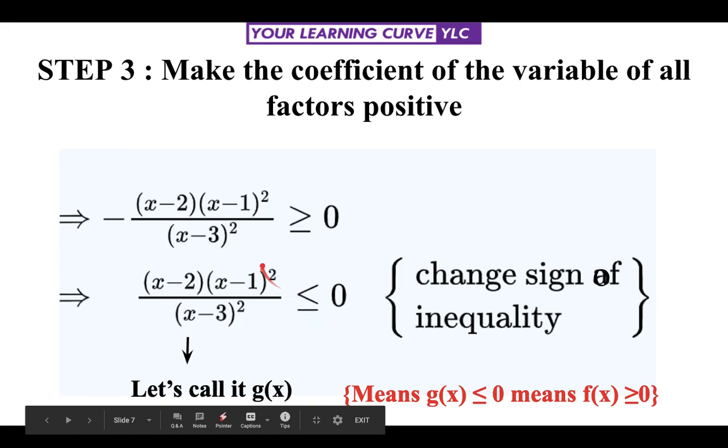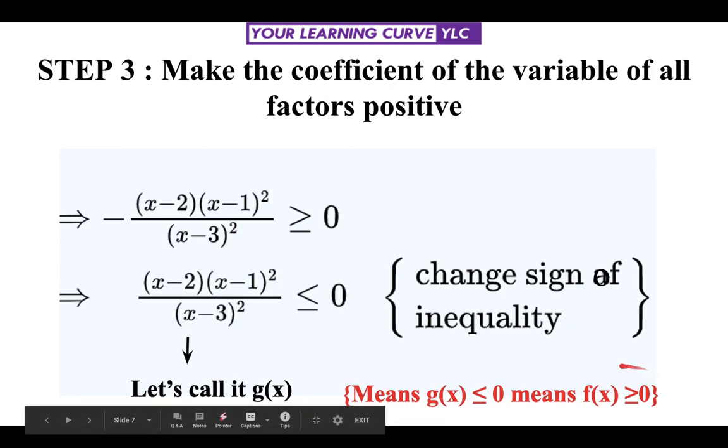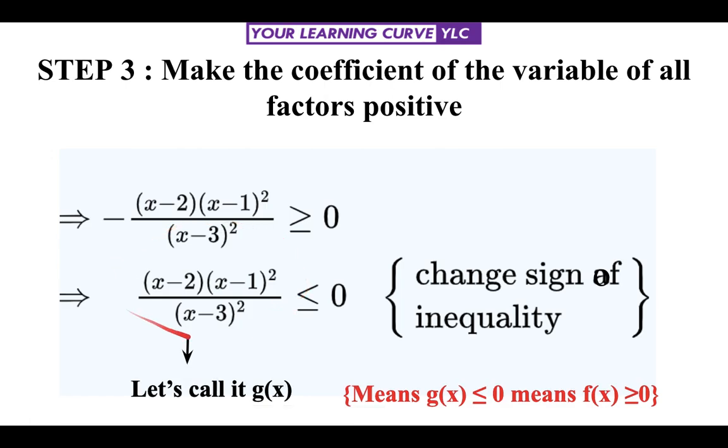Means whatever values of x satisfy this inequality will be our answer, that is those values of x will make f of x greater than or equal to 0. Don't confuse with this that we were supposed to calculate f of x positive and now we are calculating f of x negative. This is the same function, but we have made certain manipulations.